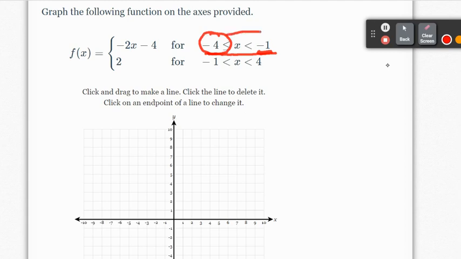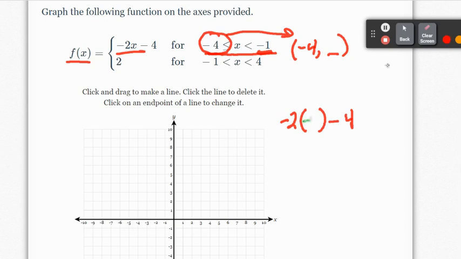and find a coordinate. So basically I want to know -4 comma what should be a dot for this f of x function. And to do that, I plug it in to this -2x minus 4 rule. And so I figure out what is -2 parentheses and then -4. I plug in the -4 in there for x.